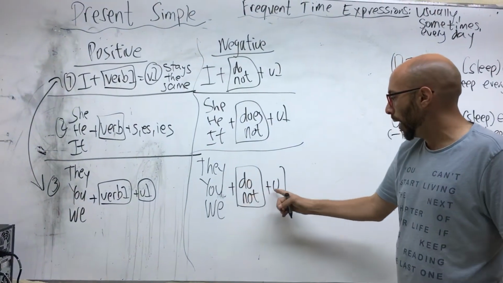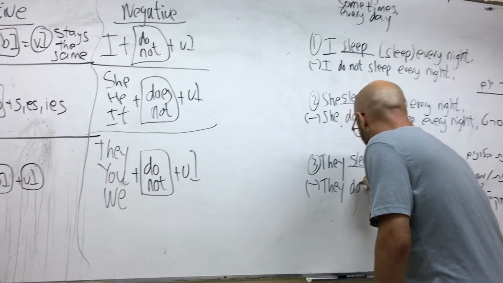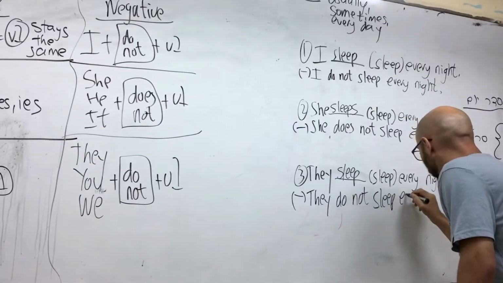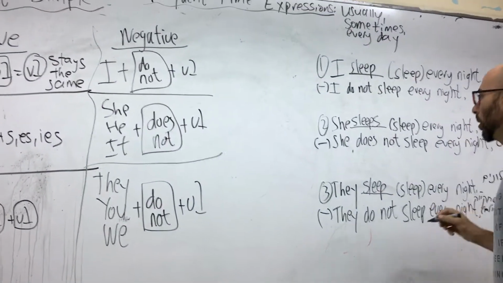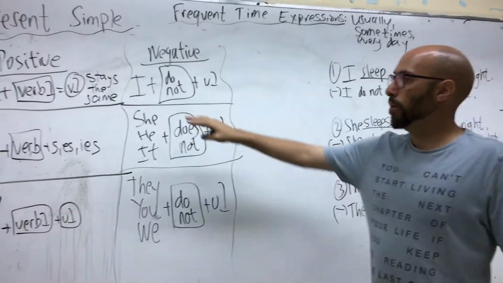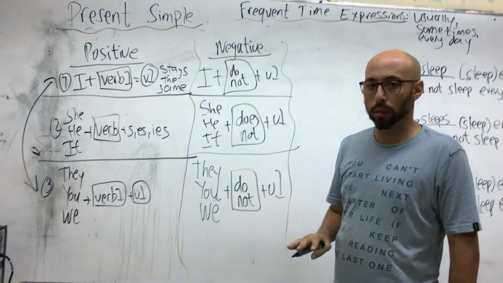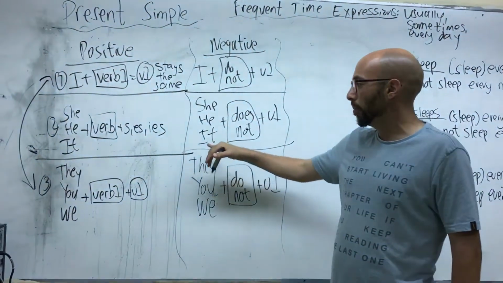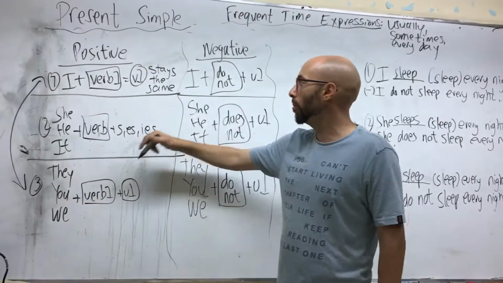They do not sleep every night. Always remember a trick: the first body and the third body are identical in terms of the grammatical rules. The second body changes a little bit, but only in the positive do we add something to the verb.